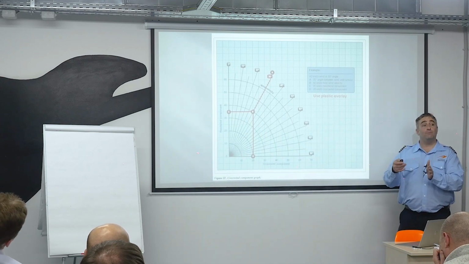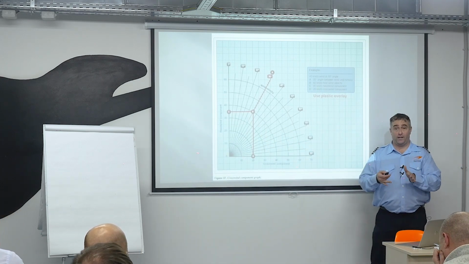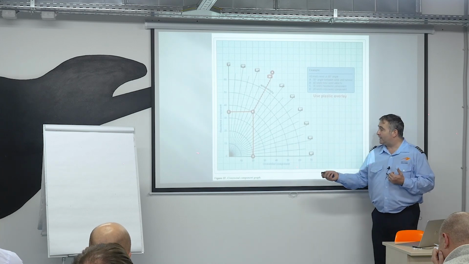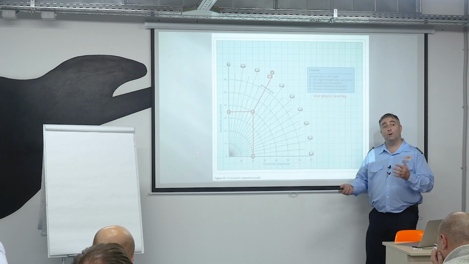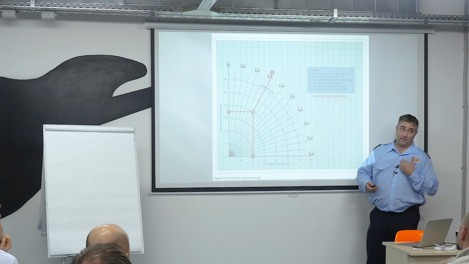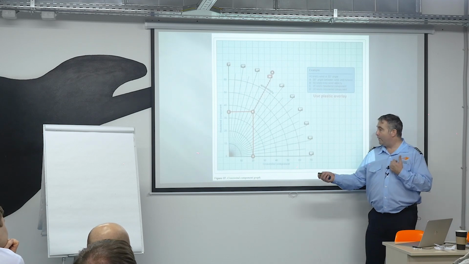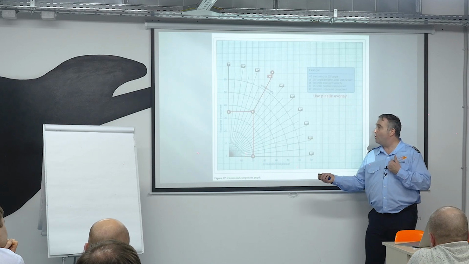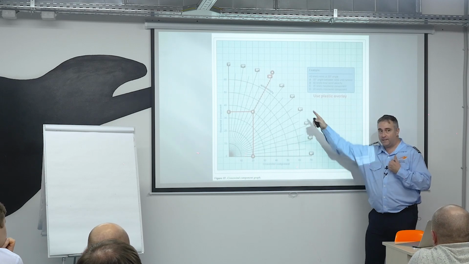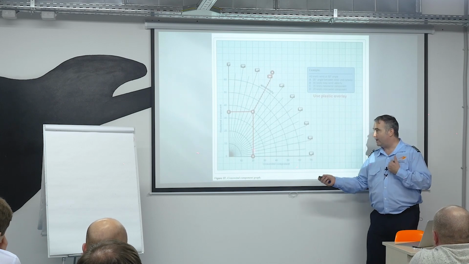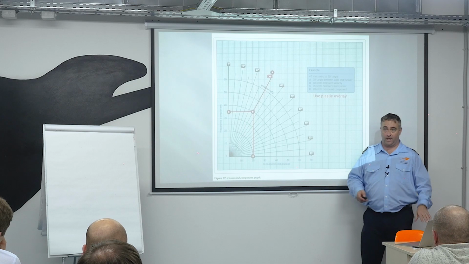So a maximum demonstrated crosswind exists for most airplanes. If I want to consider what's the maximum wind gust that I could fly with this maximum demonstrated crosswind, I would come here to my demonstrated crosswind, go to whatever angle it is between the wind and my runway, and then consider where I am on that curve to find the maximum gust.